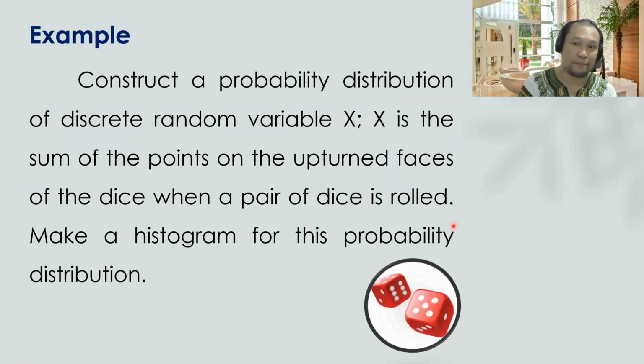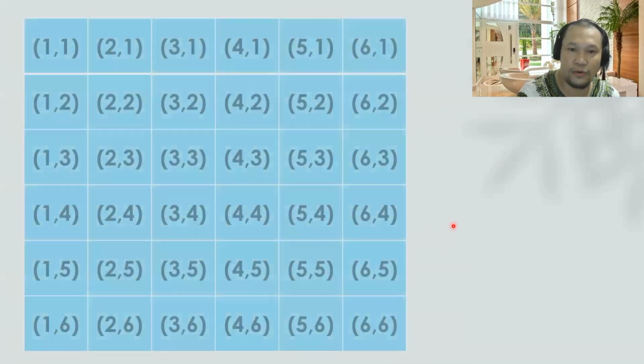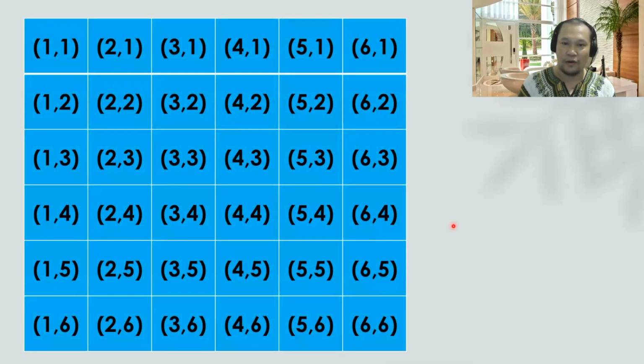If we have a pair of dice, then we can have the first die show 6 and the other one 6, and we can now pair them, leading to the set of pairings relative to the faces of the dice. For example, on the first die we have 1, and for the second we also have 1.